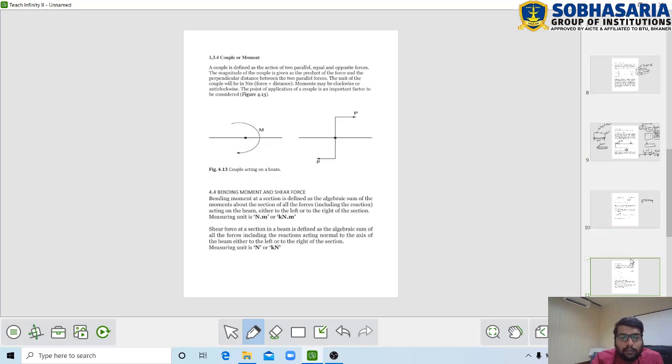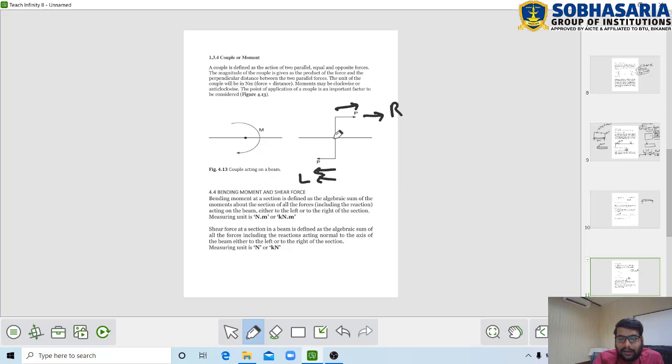Next is a couple or moment. A couple is defined as the action of two parallel, equal and opposite forces. You can see this force applied and this force applied are parallel to each other. They are parallel, they are equal, and they are opposite. This force is moving towards the right, this force is moving towards the left.